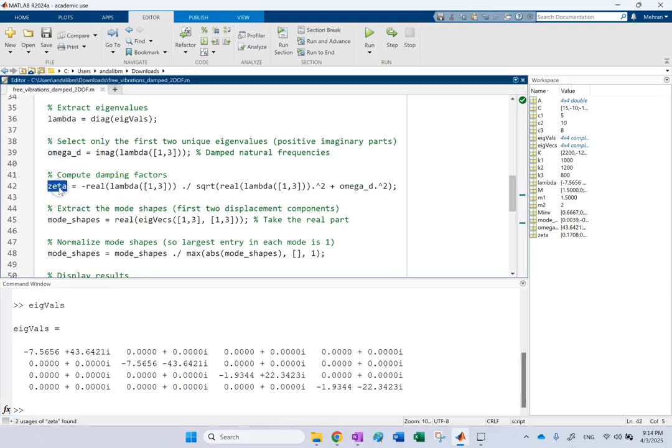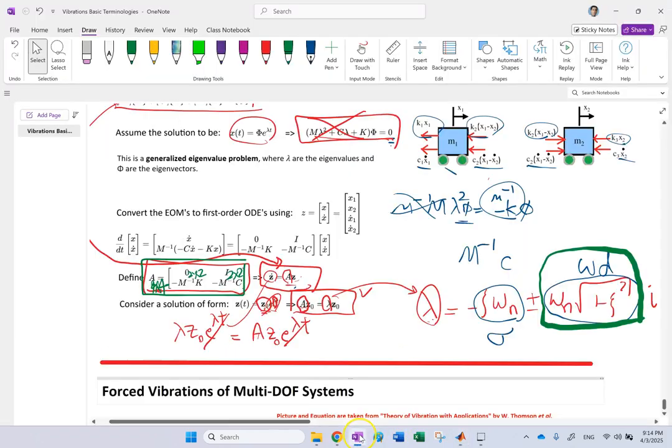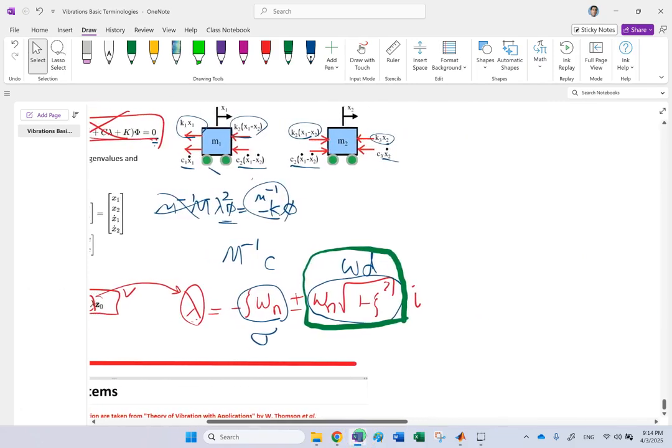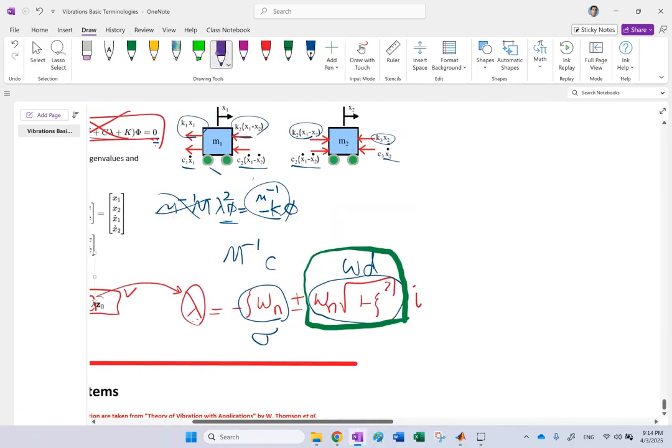Then I can find the damping factors for them. Well, how would you find damping factor? Remember, if I have this real part and this imaginary part, from these two, can I find zeta? Yes. What I need to do is to square them and add them together.